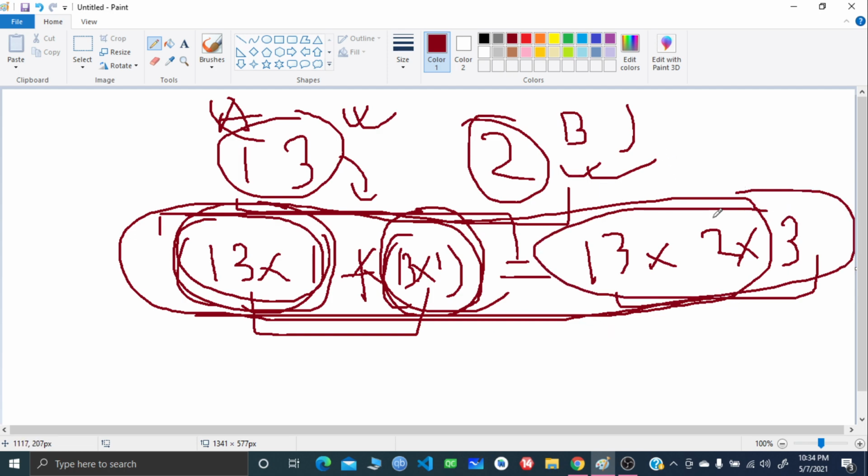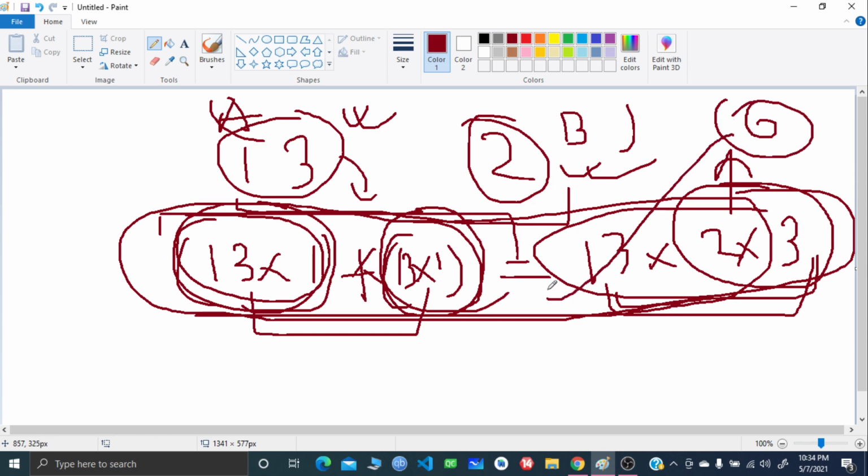Remember, this is the corner case: a times b times 3, only for b equal to 2. So z would be a times b times 3, and 3 times 2 is 6.